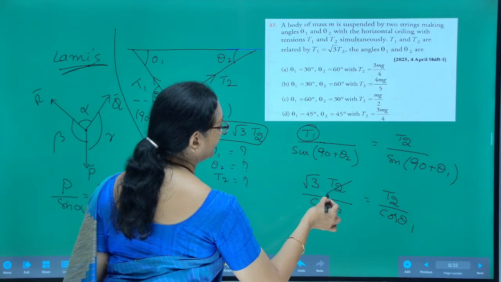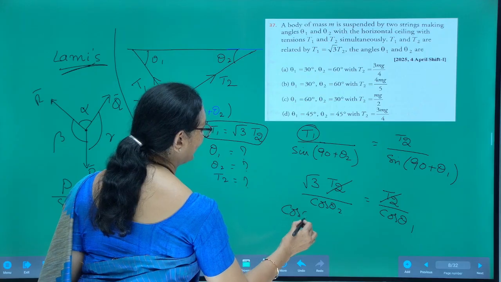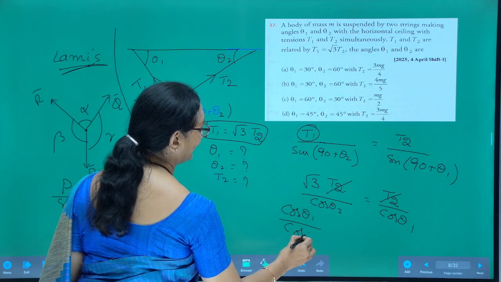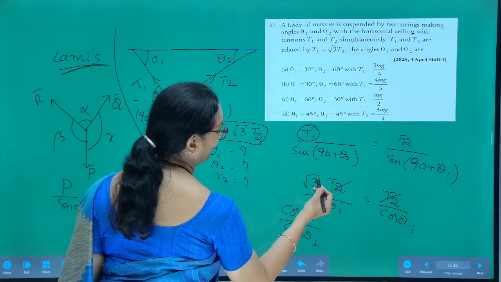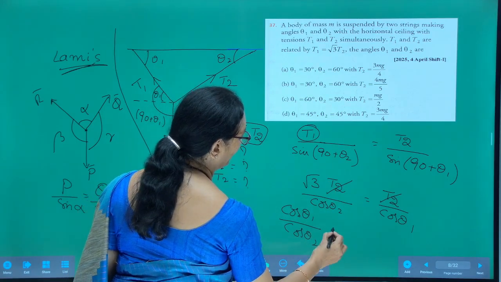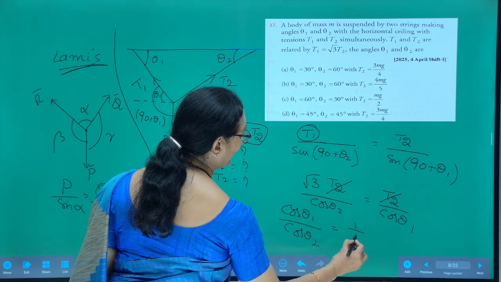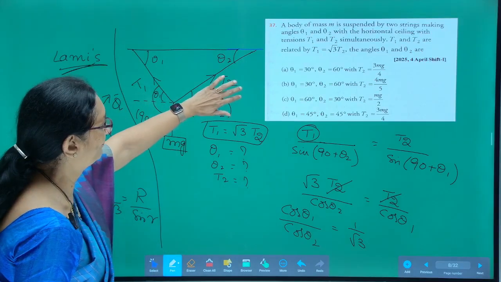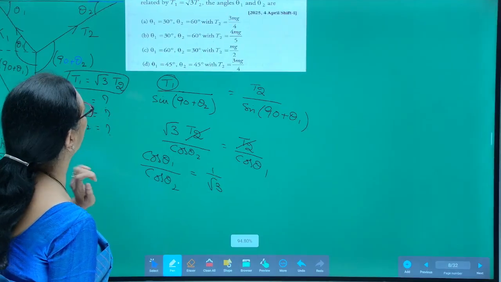So, T2 and T2 get cancelled. Cos theta 1 by cos theta 2 is equal to 1 by root 3.